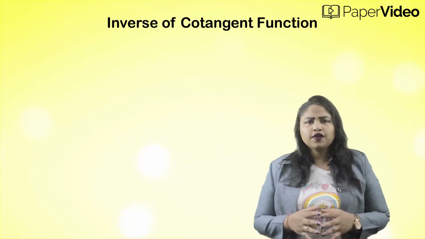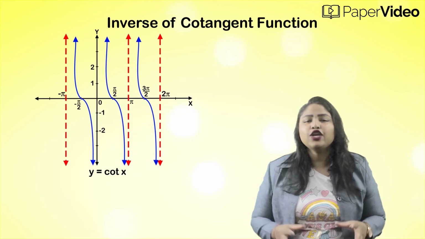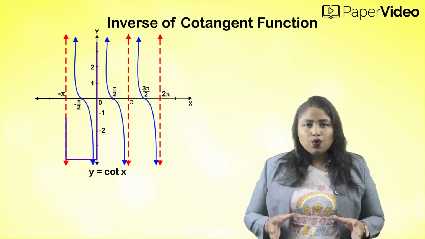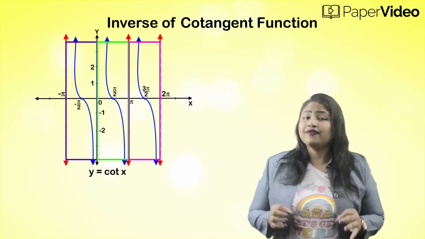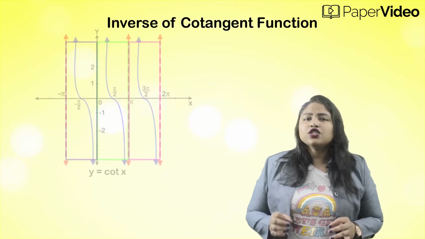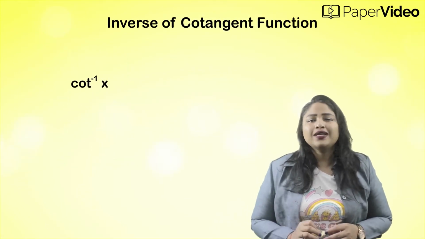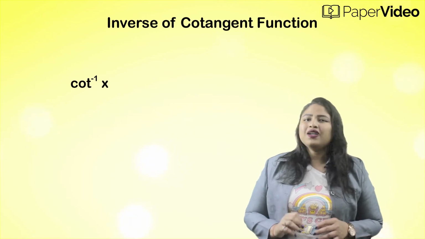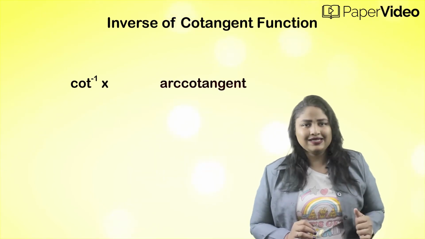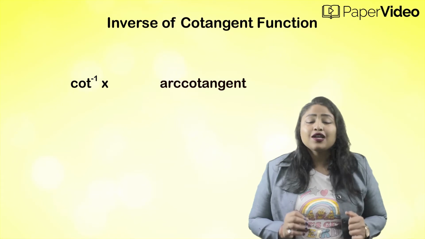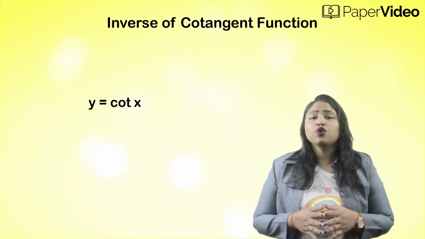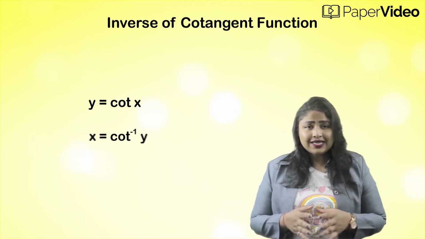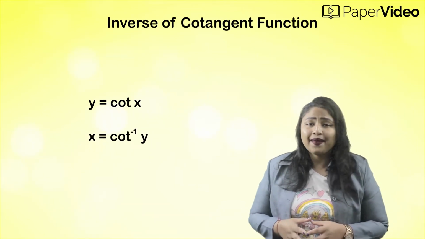Actually, the cotangent function is invertible in any of these intervals. So, the inverse of the cotangent function exists in each of these intervals. The inverse of the cotangent function is denoted like this, or it can be denoted like this. We can read it as arc cotangent. This means that if y equals cot x, then x equals cot inverse y.